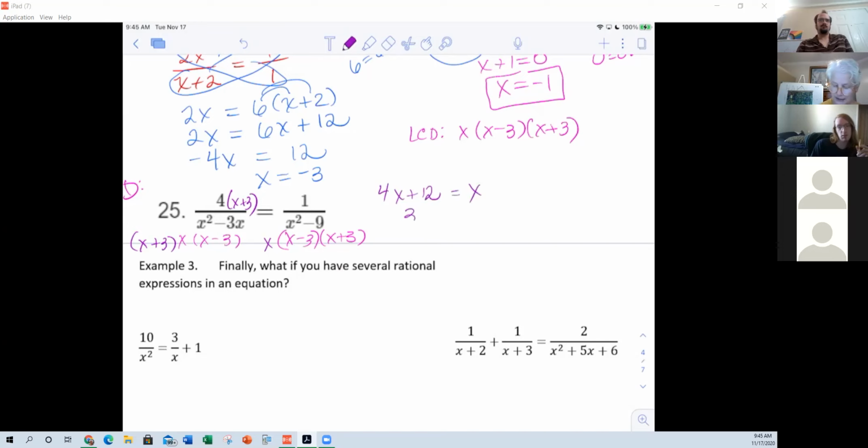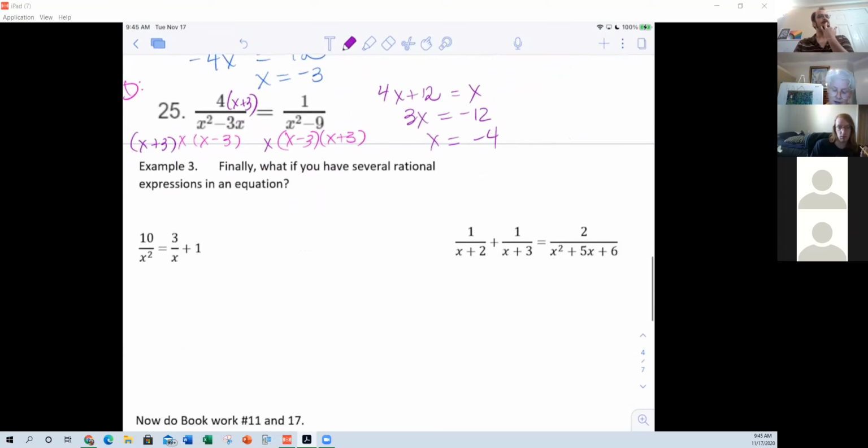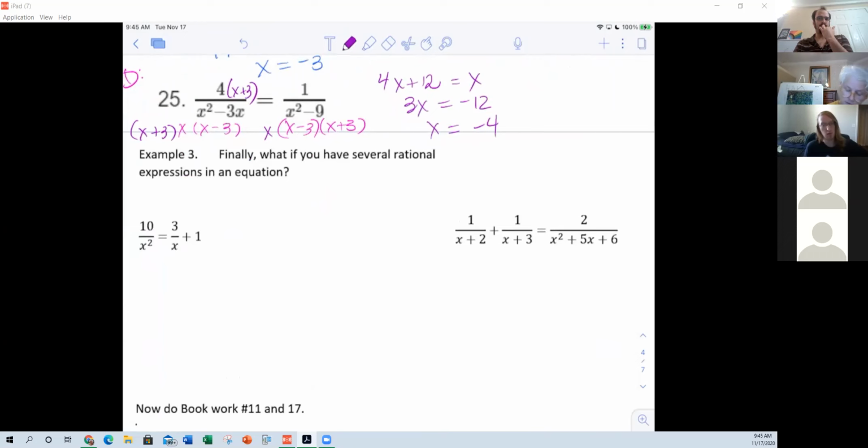And then 3x is equal to negative 12, and x would equal negative 4. Because we got rid of the denominators, which means we got rid of the quadratic part of the equation, we wind up with just that one root, which is a good one. Okay, so now if you have several rational expressions in an equation, then you have to multiply through by the lowest common denominator.